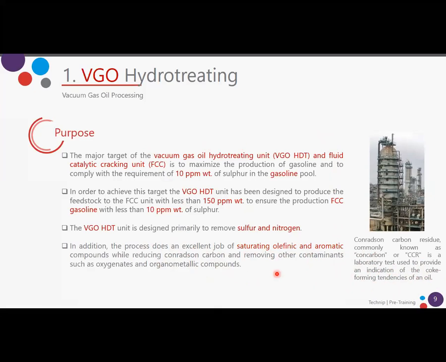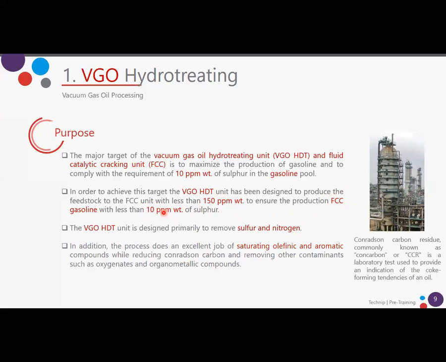It is mainly to reduce the sulfur to this quantity, to 150. With this quantity, you will assure that the gasoline that you will produce in the FCC, in the following unit, will contain less than 10 ppm.